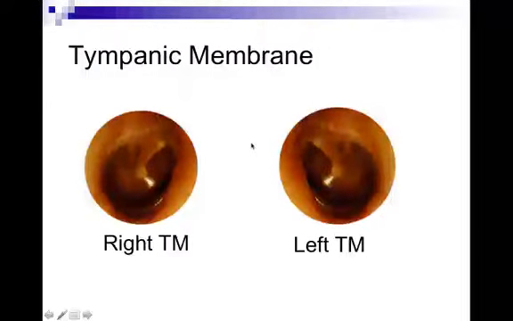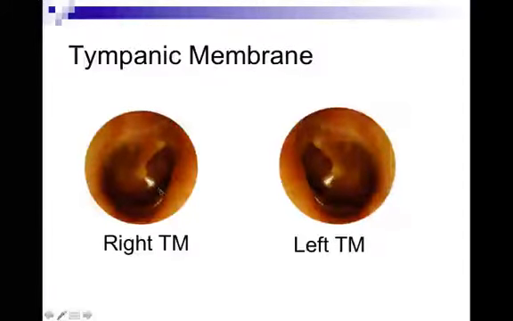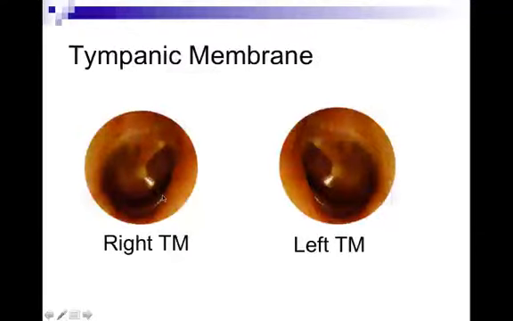So these are illustrations of healthy tympanic membranes. We've got the right one here and the left one here. And we know it's the right one because one of the landmarks is this cone of light. This cone of light is the reflection of the otoscope light.